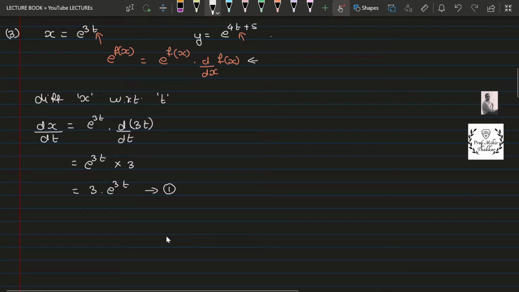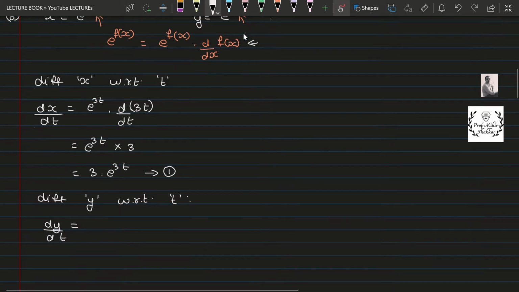In a similar manner, differentiate y with respect to t. So I get dy by dt. When we want to find the value of dy by dt, we have to differentiate e to the power 4t plus 5, e raised to f(x).